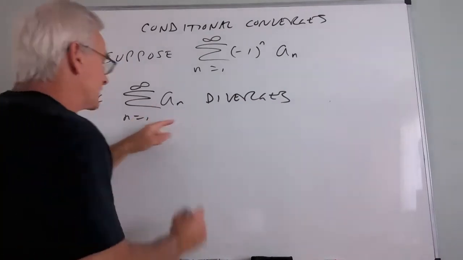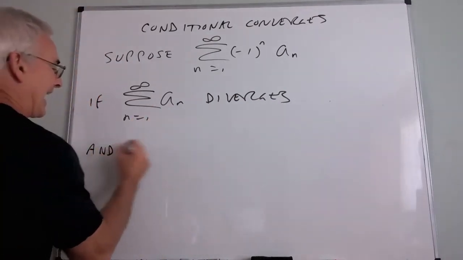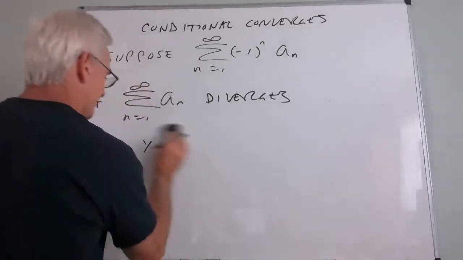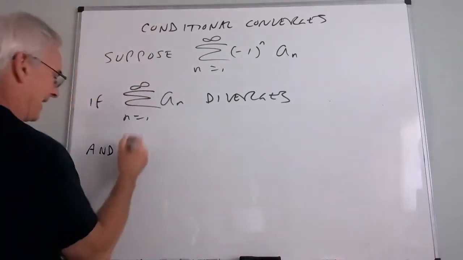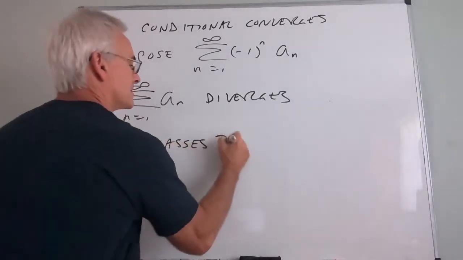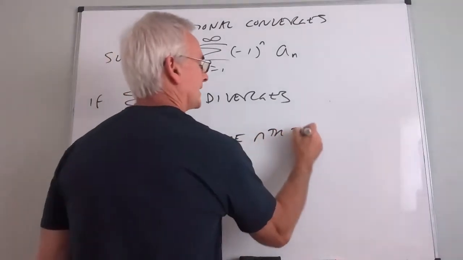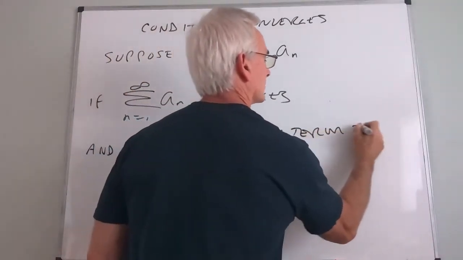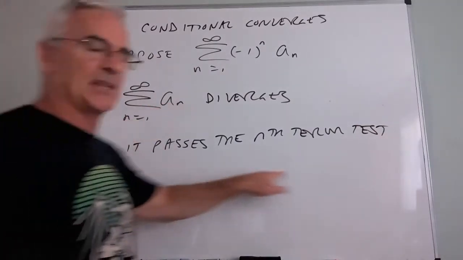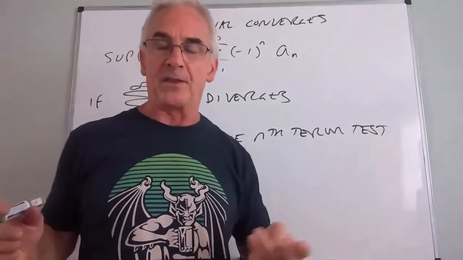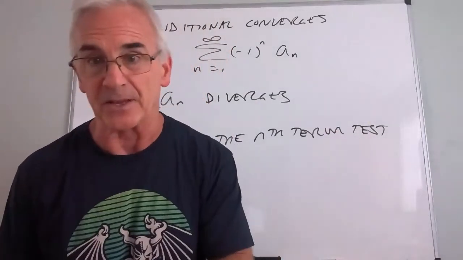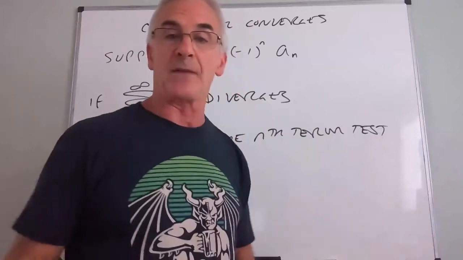If this diverges and it passes the nth term test, I have a divergent series, but it passes the nth term test. Well, we know the nth term test is not a condition for convergence. We know failing the nth term test is a condition for divergence.